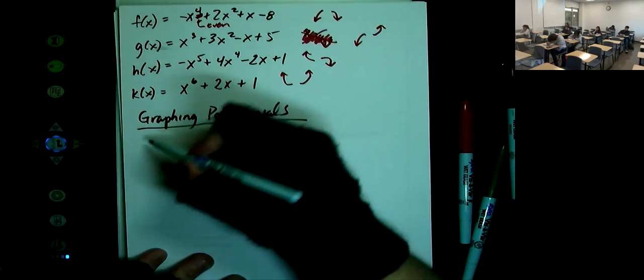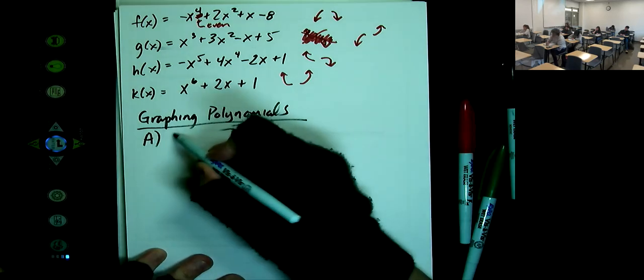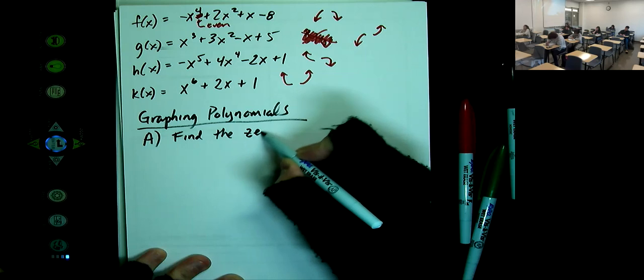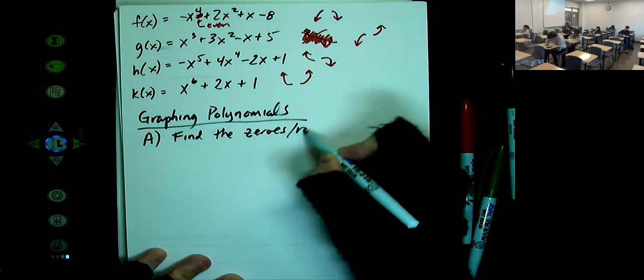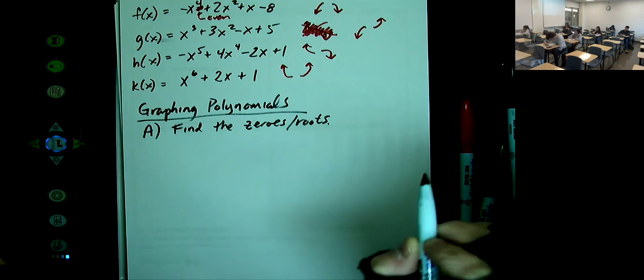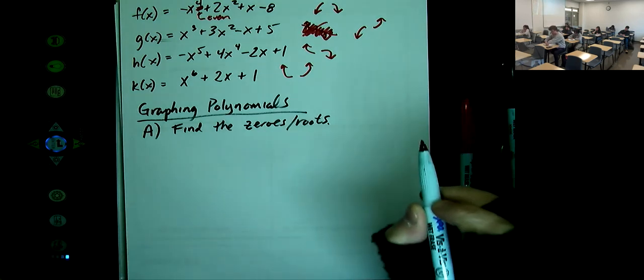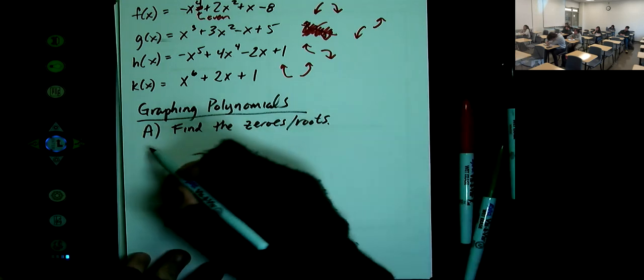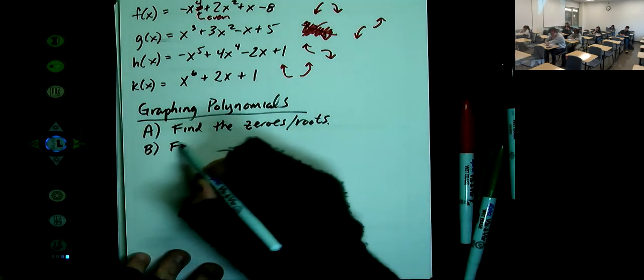So, step one, step A. Find the zeros or roots. Those give you actual points on the graph that are easy to find. Well, relatively easy to find. Should also find the y-intercept.